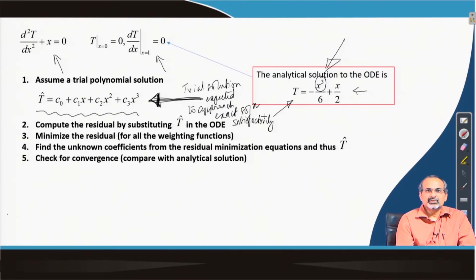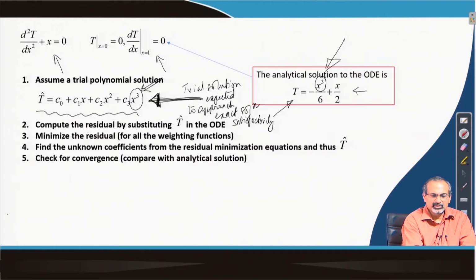Of course, here we have the convenience of having the analytical solution of the ODE available to us, based on which we are able to guess that it would be rational to include this highest order term x cube, as is seen in the exact solution, to also be included in the trial solution.